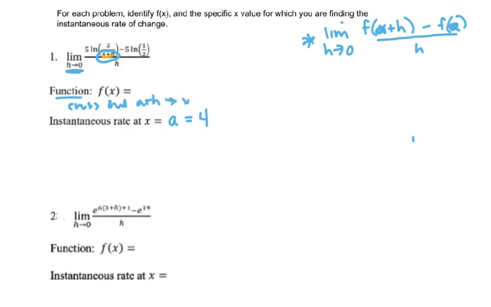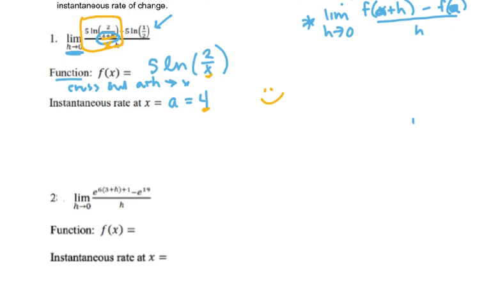So I'm going to cross that out, replace it with an x, and then there is what f of x is. So it's going to be 5 ln of 2 over x. And you can check it, because if the second part of this is supposed to be f of a, well, if I took this 4 and plugged it in right there for the x, I'd get 5 ln 1/2. So I'm happy I got it right.